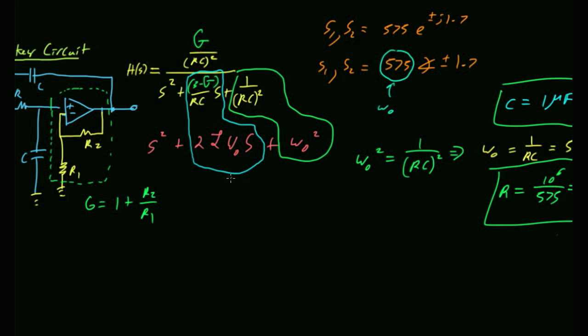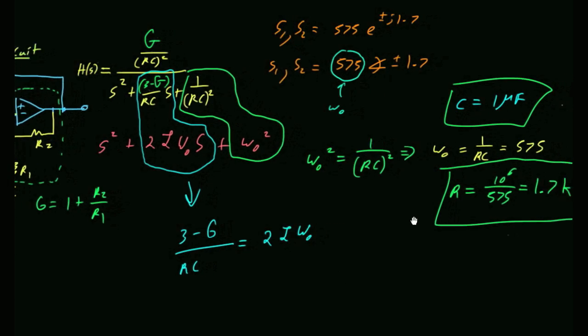That tells us that 3 minus g over Rc equals 2 zeta omega naught. Hey, look at this. Is it true that omega naught is 1 over Rc?